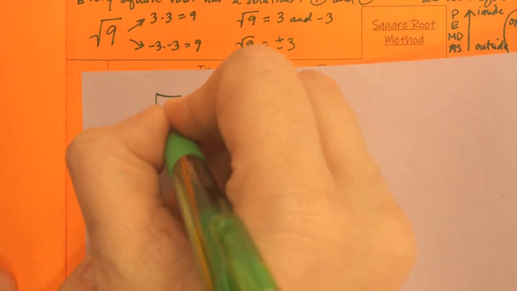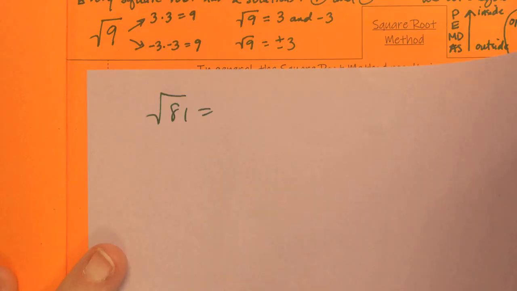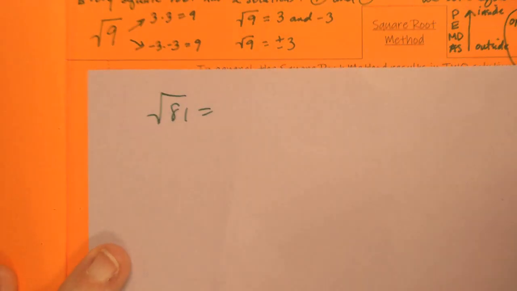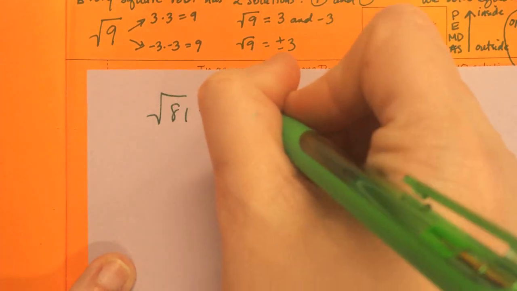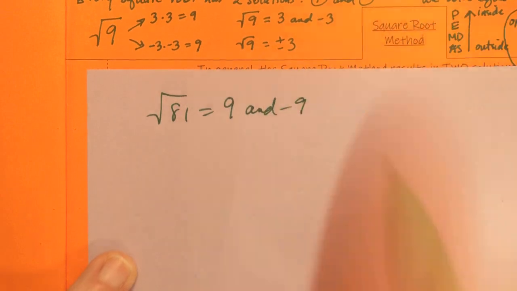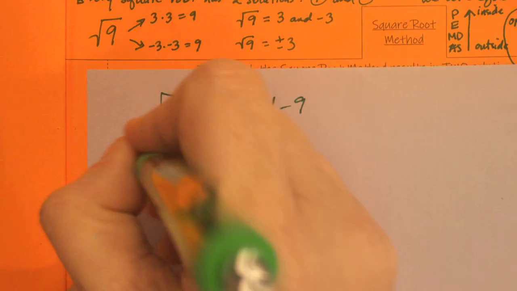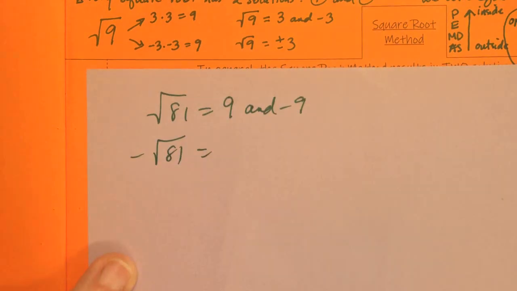What is this? What is square root of 81? 9. What is it? It's 9 and negative 9. Y'all got to start, just hammer it into your head. It's both. What about this? What do you think that is?